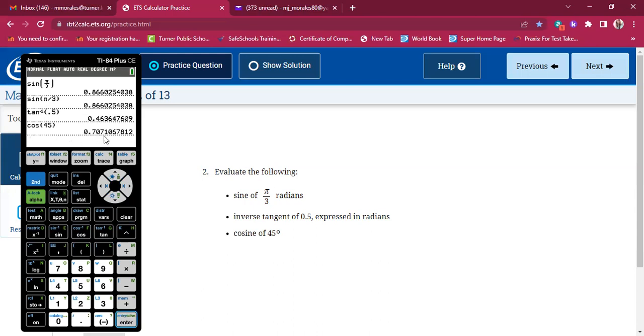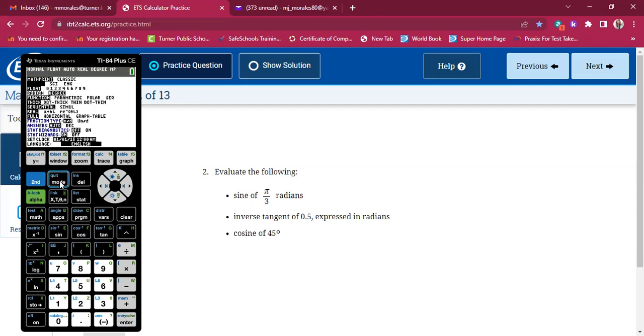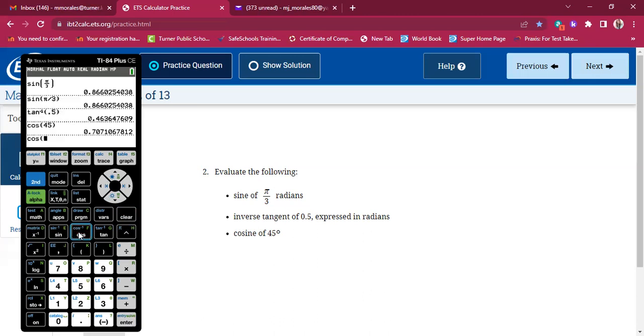It gives us 0.707. If we're not going to change it to degree, look what will happen. I'm going to change it to radian. Clear that. Let's see, cosine 45. As you can see, it gives us a different answer because your calculator is not set to degree. So you have to see to it that your calculator is set to degree to give the right answer in evaluating this kind of problem.